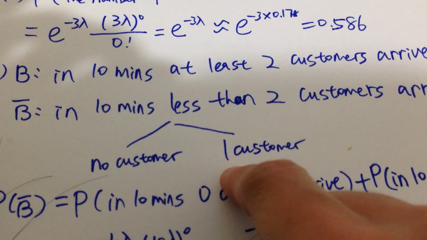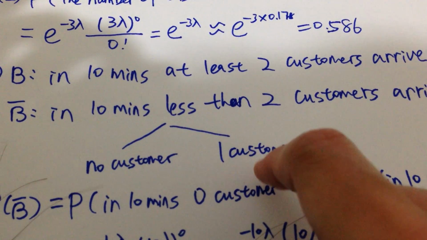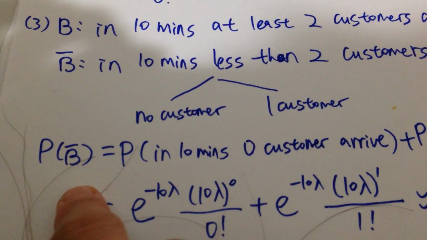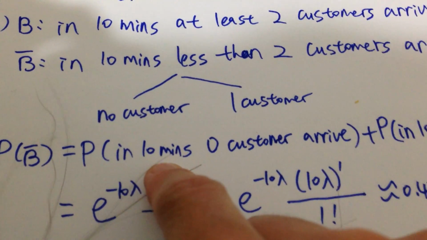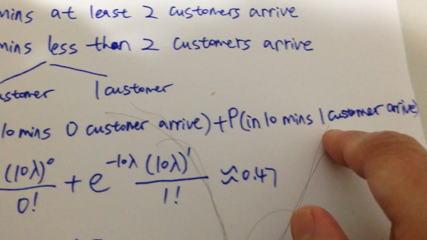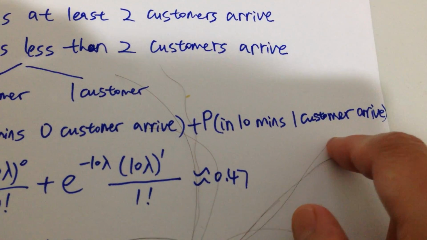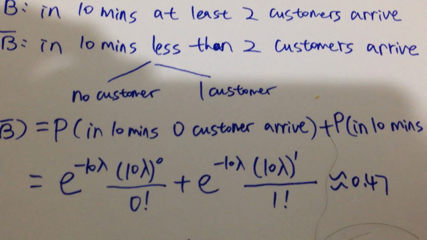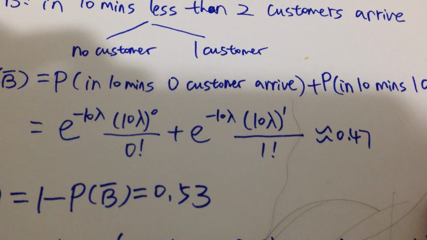And the second one is just 1 customer arrives between 0 and 10 minutes. Then the probability of not B equals the probability that in 10 minutes 0 customers arrive plus the probability that in 10 minutes just 1 customer arrives. To figure out this equation, we also need the Poisson distribution formula.